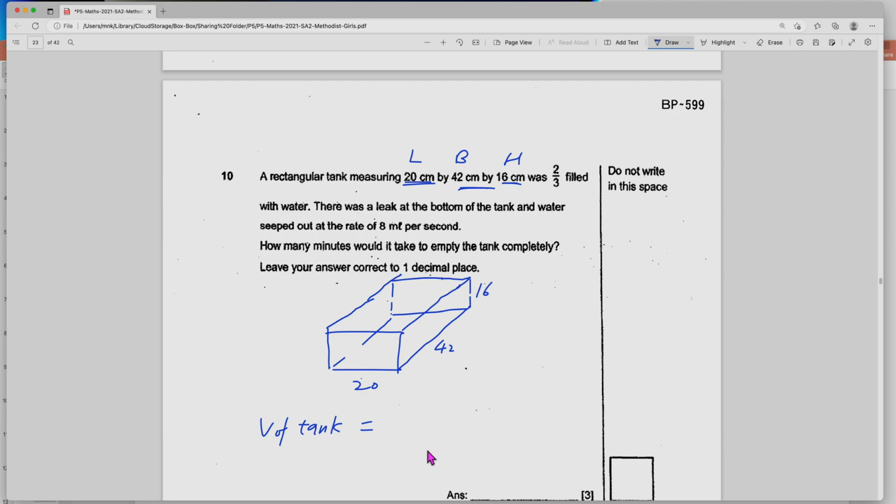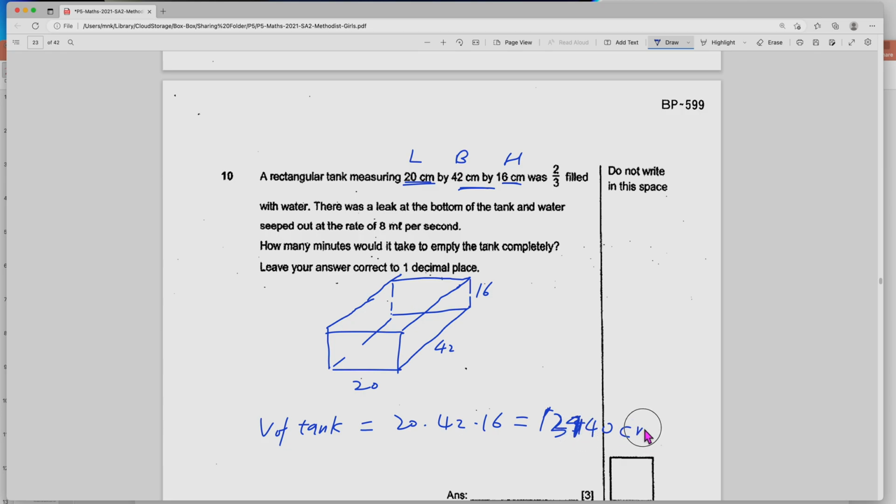Formula? How to find the volume of a tank? 20 times 42 times 16. Can you help me out? What's the answer? 13440, right?